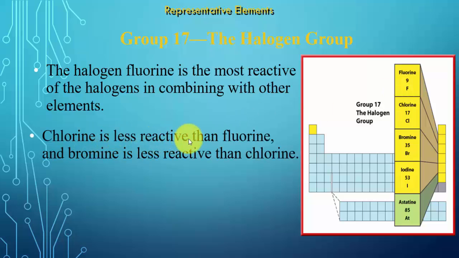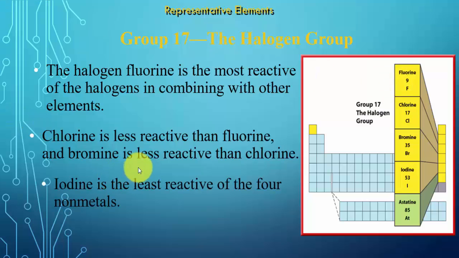Chlorine is less reactive than fluorine. From up to down, the reactivity decreases. So fluorine is more active than chlorine, and chlorine is less reactive than fluorine, and bromine is less reactive than chlorine.